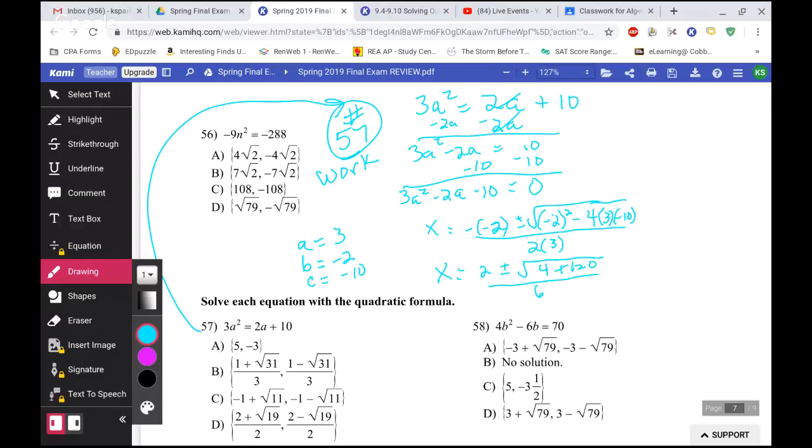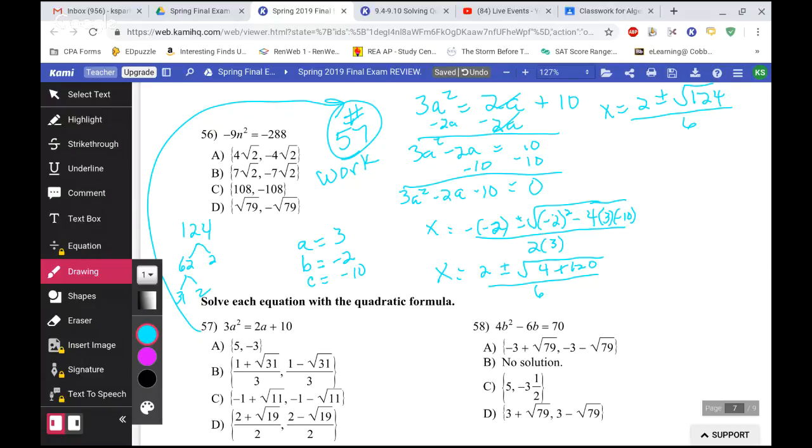All right. So now continuing to simplify, X equals 2 plus or minus 4 plus 120 is 124 all over 6. All right. So the next step is to factor 124. I'm going to try to factor with the factor tree because I know that's what y'all like. So just pray for Miss Sparks.